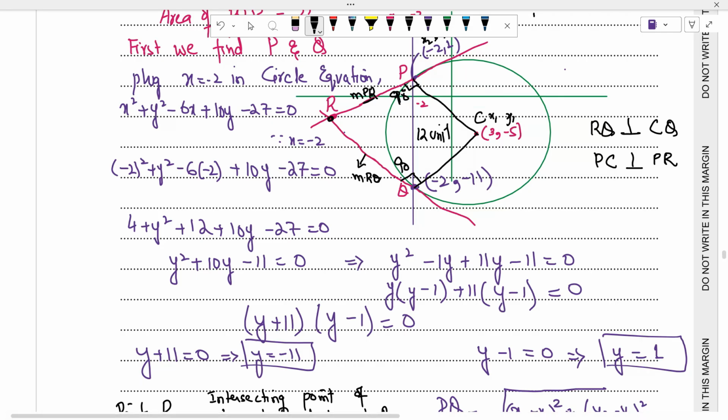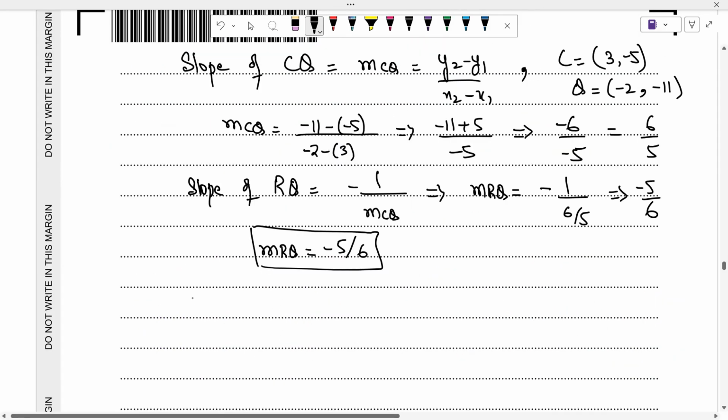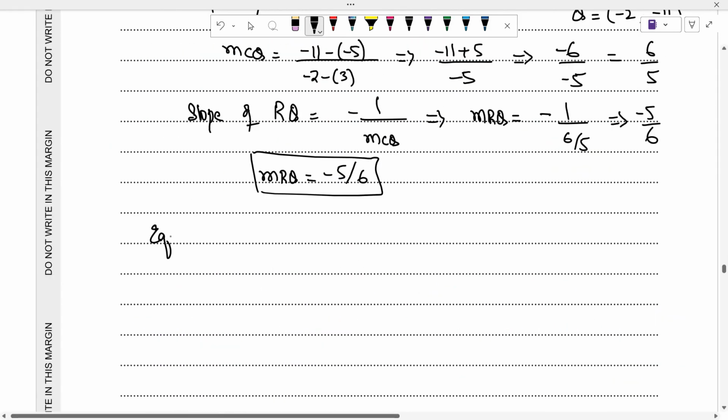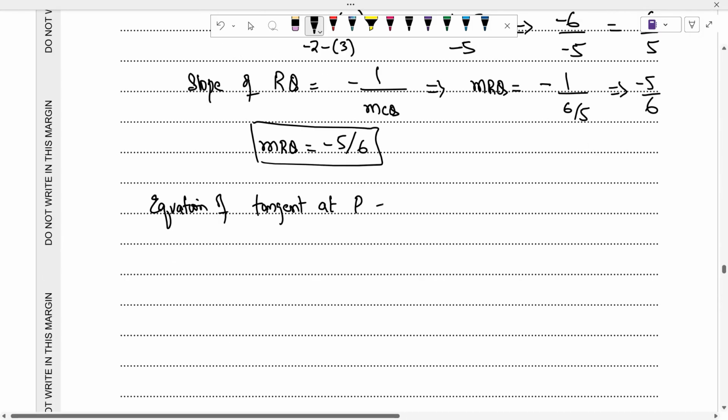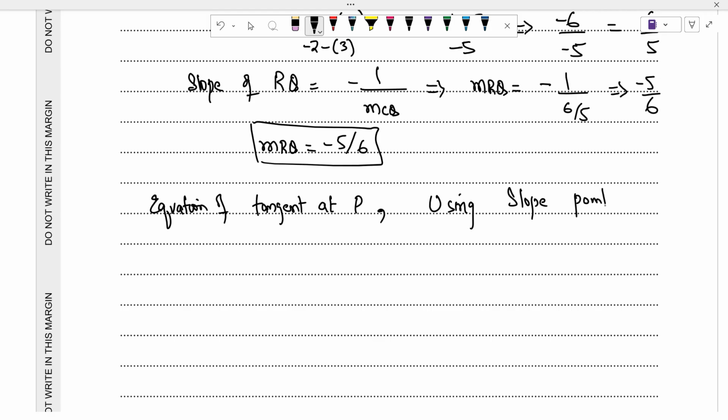So we can use the slope point form to find the equation of the tangent at P. The equation of the tangent at P is calculated using the slope point form, which is y minus y1 equals m times (x minus x1).